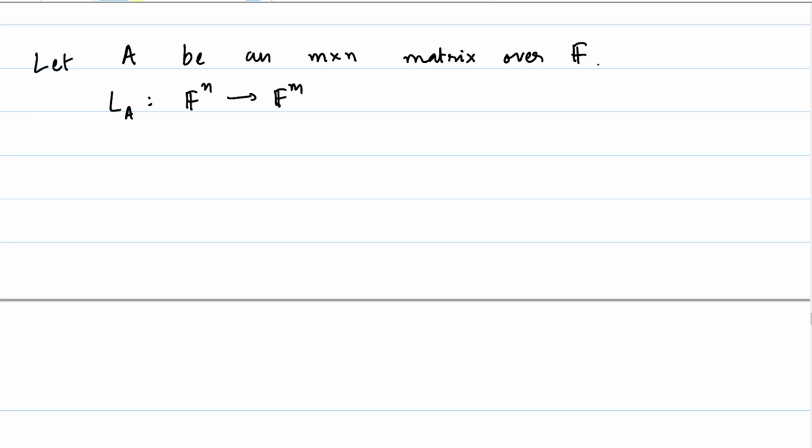Let A be an M cross N matrix over F. So let me not write what F is. A could be a matrix with complex entries if it is a matrix over C. So in that case, it will be in M cross N of C. Okay, so then LA will be a map from Fn to Fm.